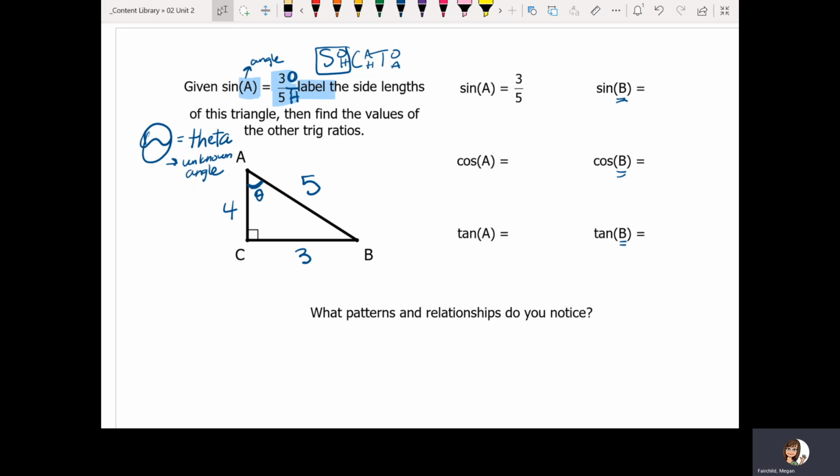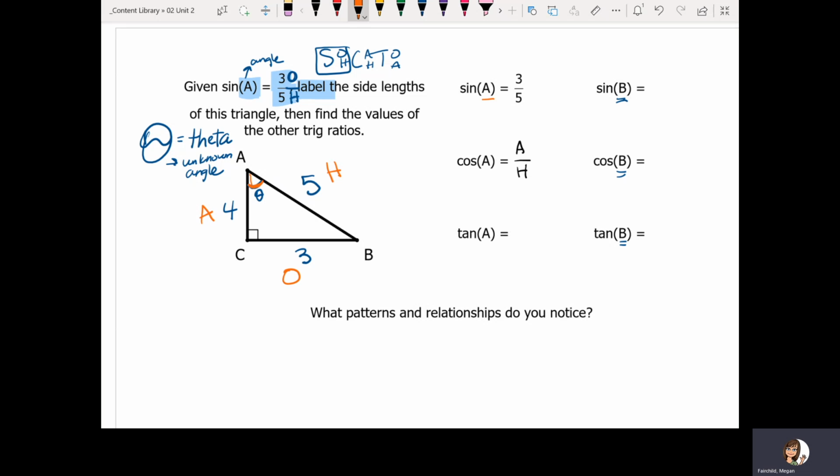Charlie, what's cosine of A? Okay, it's not 3 over 5 because cosine is A over H, right? So when you go over here and you want to label it, which is a little hard because it changes, but for A, adjacent would be this side with the 4, and then the 5 would be the hypotenuse, and this would be opposite.